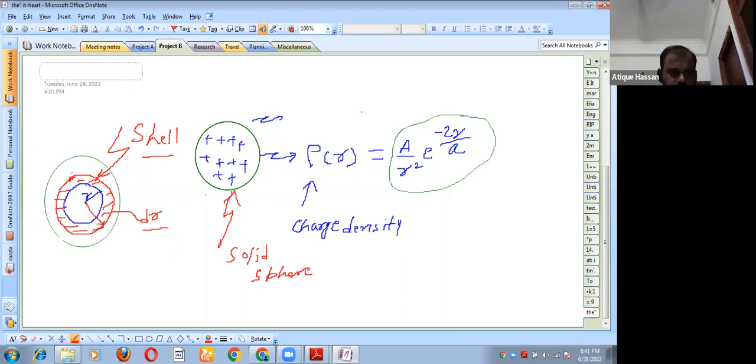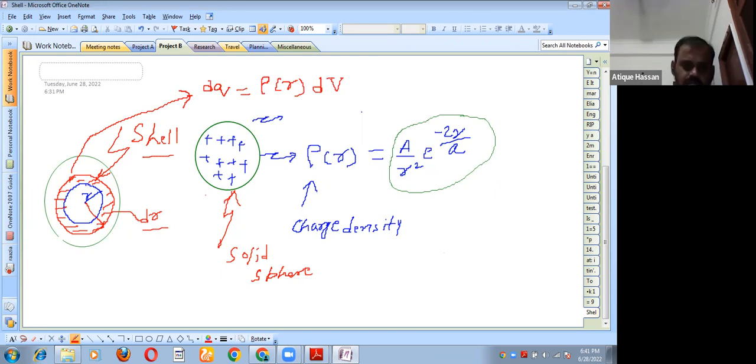If we consider the shell, the charge on this elementary shell will be dq, which is equal to density into its volume.